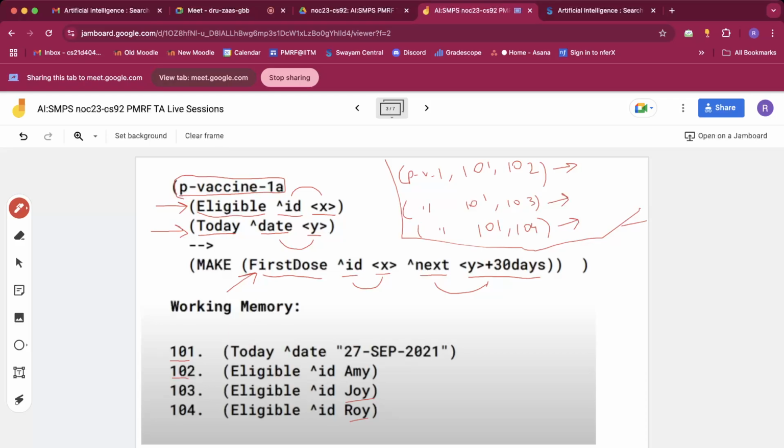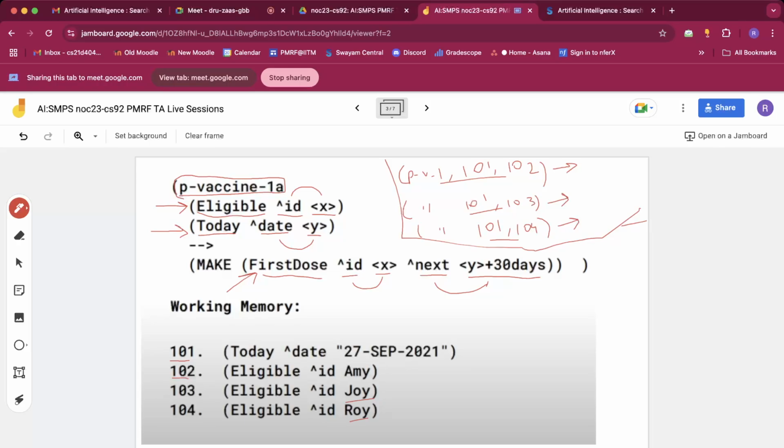And the conflict over here is among which of these rule and working memory element combinations to select for applying or firing. Now there are different ways to resolve these conflicts. This is a very simple example because each of these elements of the conflict set can be fired equally likely.